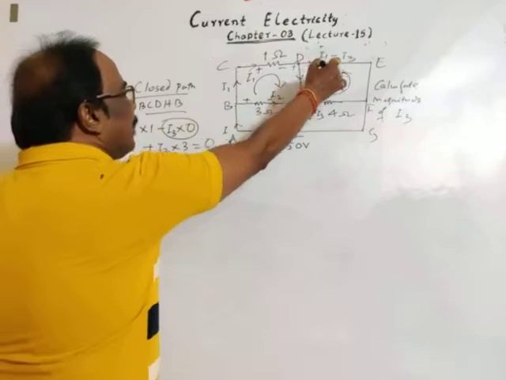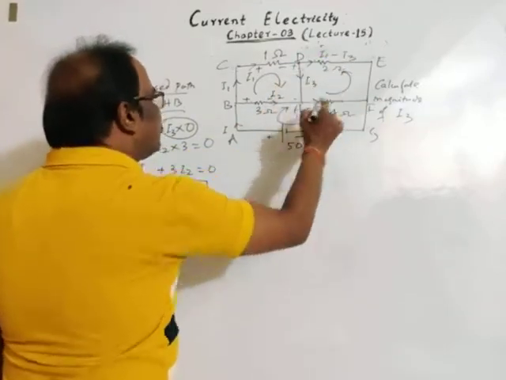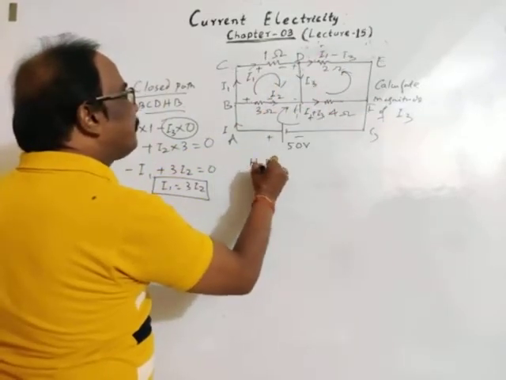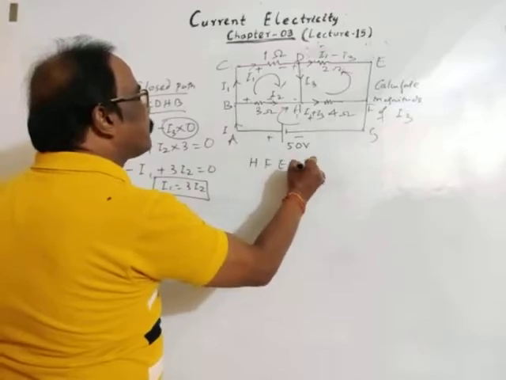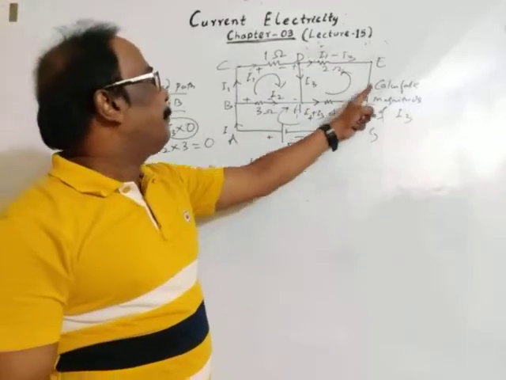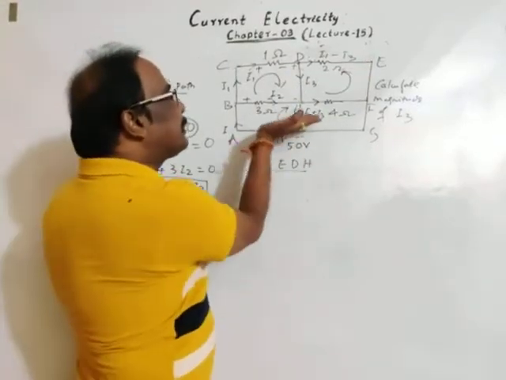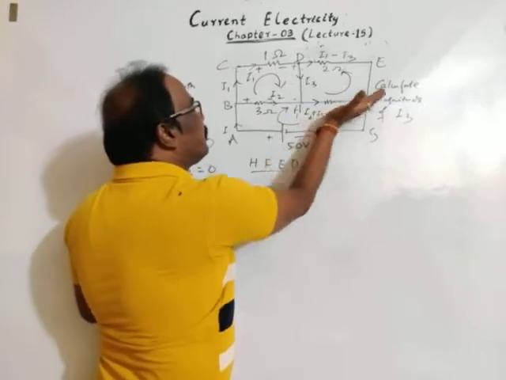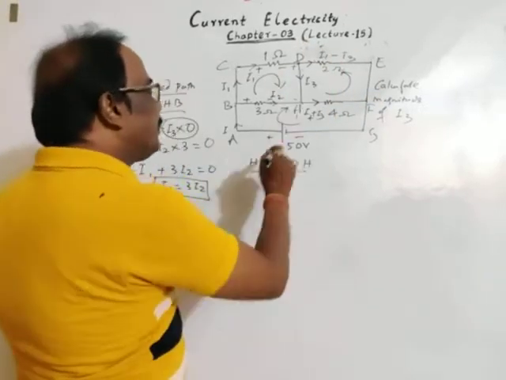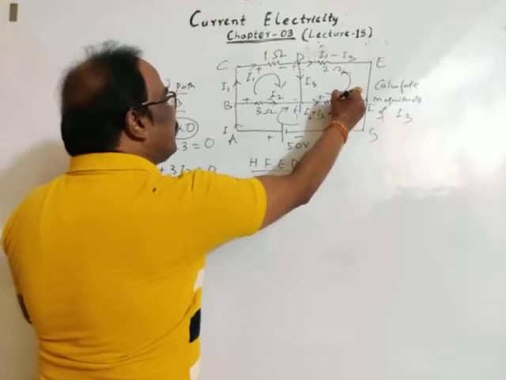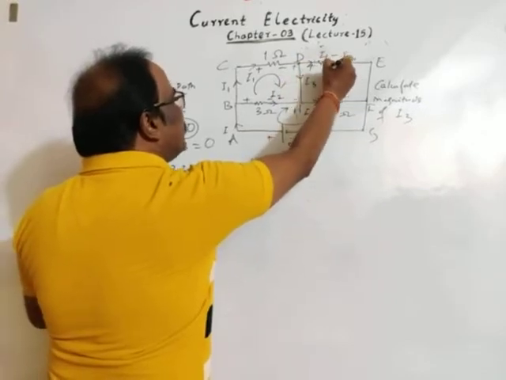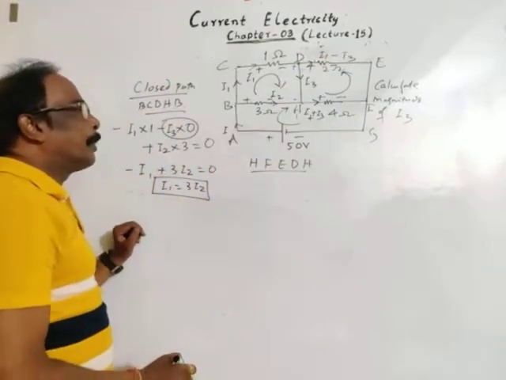Then take another loop in anti-clockwise, this loop H F E D H. This is anti-clockwise. Start from H. Current flows from high potential to low potential.